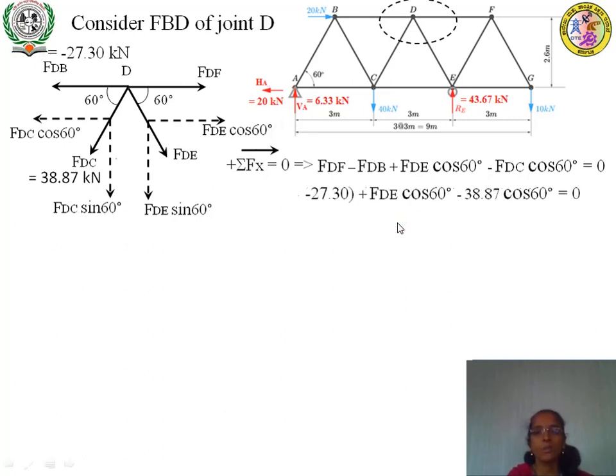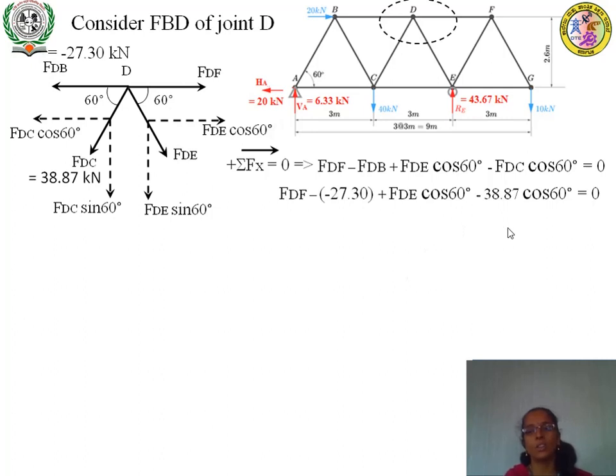Substituting, FDF minus of minus 27.3 plus FDE cos 60 plus 38.87 cos 60 minus 38.87 cos 60. Simplifying, FDF plus FDE cos 60 is equal to minus 7.86. Take it as equation 5.